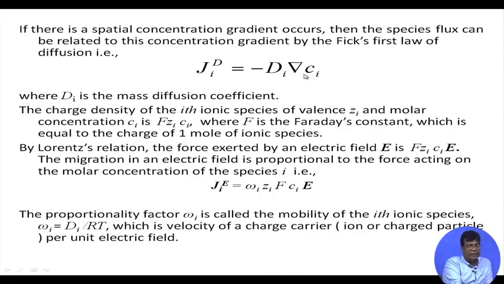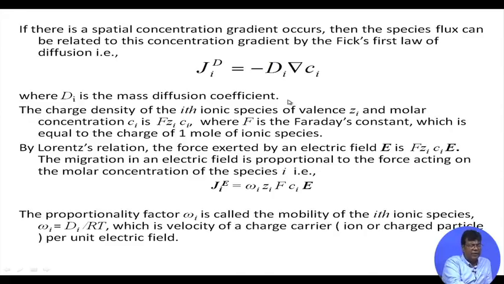Okay. Here it is negative, because you may have a positive gradient or negative gradient. So, depending on that, the ionic species will move along that direction. So, that is why you have a negative sign. D_i is referred to as the mass diffusion coefficient. Here we have taken D_i as a single value for the ith ionic species.